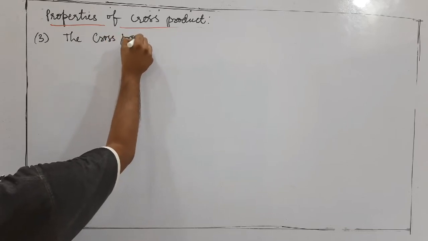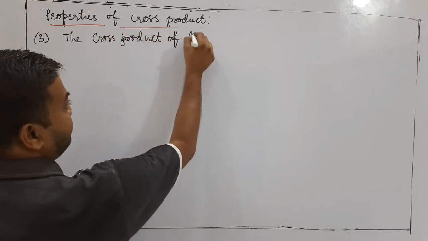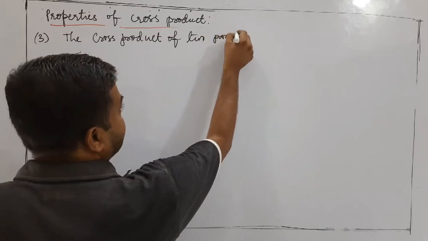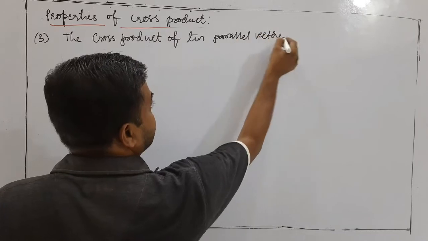What is the cross product of two parallel vectors? What will you get here?